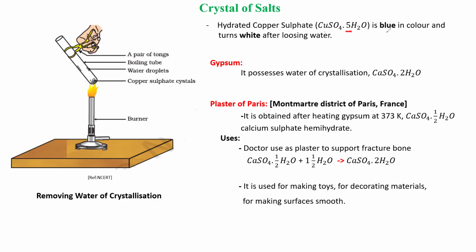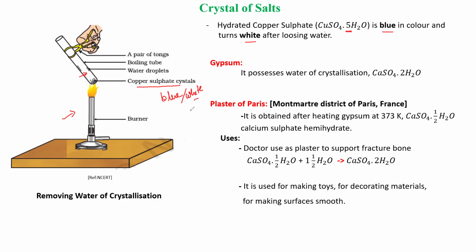It is blue in color in general, but when it loses the water, it will turn white. If you see the setup here, we have copper sulfate crystals. Initially they look blue, but when we heat them, water droplets are removed, that you can see from here. After that, its color will change into white.